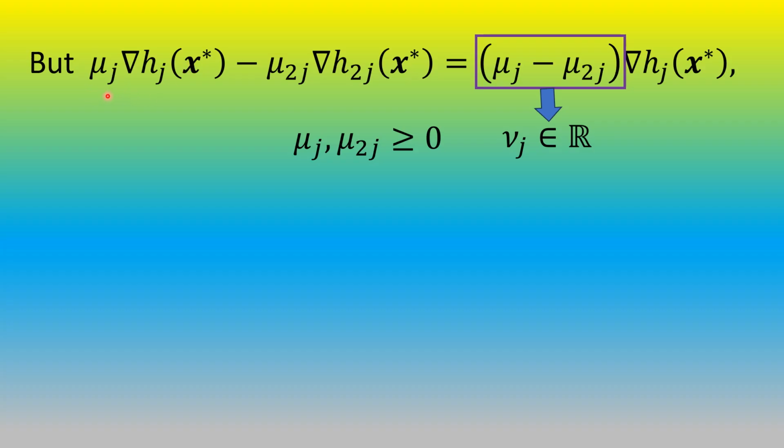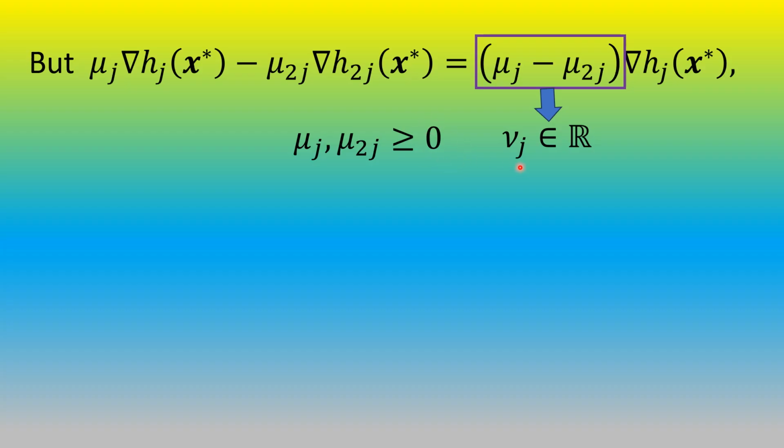We get pairs such that you have mu sub j times the gradient of h sub j of x star minus mu sub 2 times j times the gradient of h2j of x star. So you can group up these scalars and just multiply by the gradient of h sub j of x star on the right. And note each of these scalars has to be greater than or equal to 0.